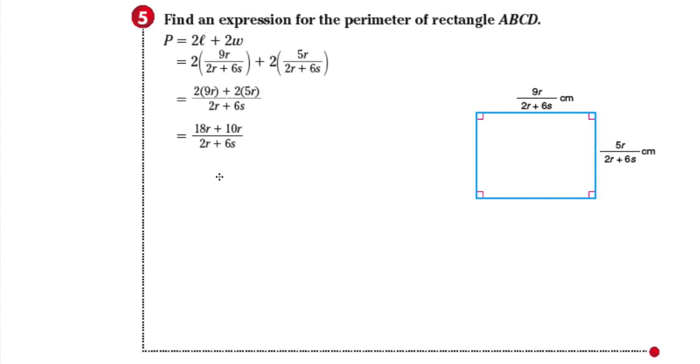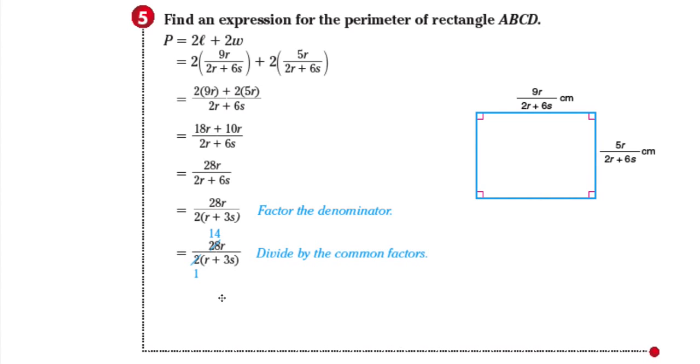We add 18r plus 10r, which becomes 28r, and the GCF of the numerator and the denominator would be 2. So simplify that, and you end up with 14r all over r plus 3s.